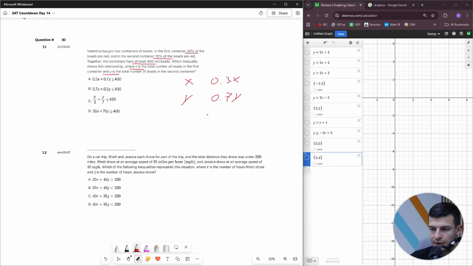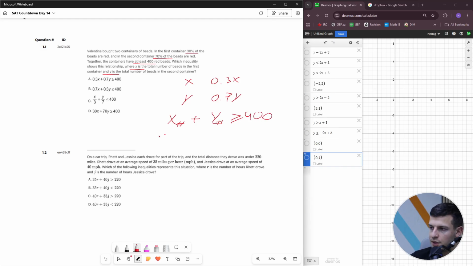Now together there are at least 400 red beads. So which means what? At least means 400 or more. So the red beads in X plus in Y should be greater than or equal to 400.